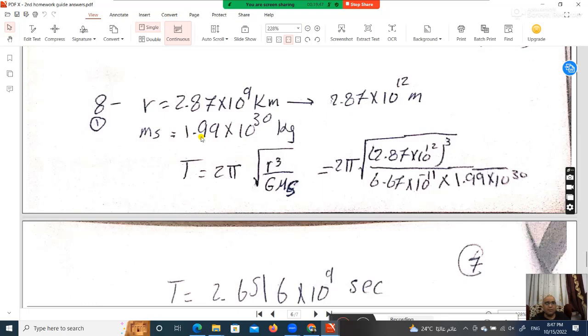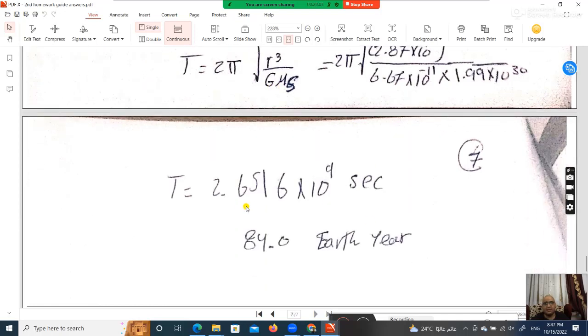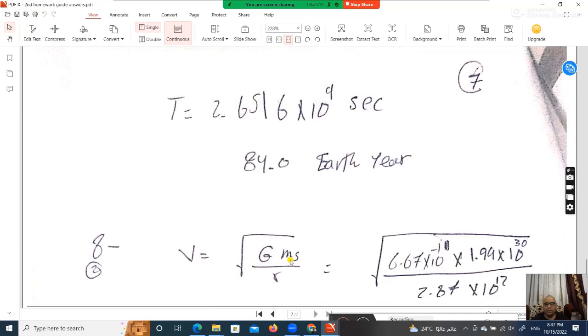The mass of the Sun is 1.99 times 10 to the power 30 kilogram. Substitute in the rule of periodic time, T equals 2 pi square root of R cubed over G Ms, to find the answer. The answer is 2.6516 times 10 to the power 9, and you can convert it to Earth years, which is about 84.